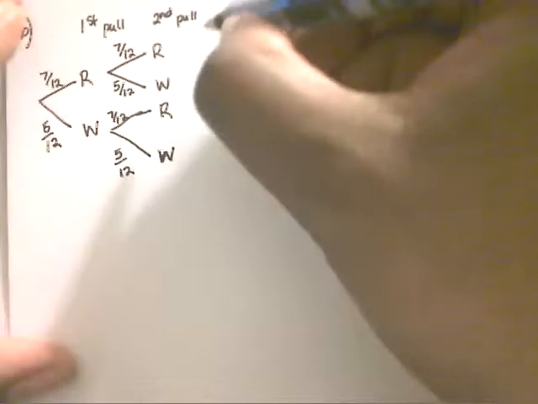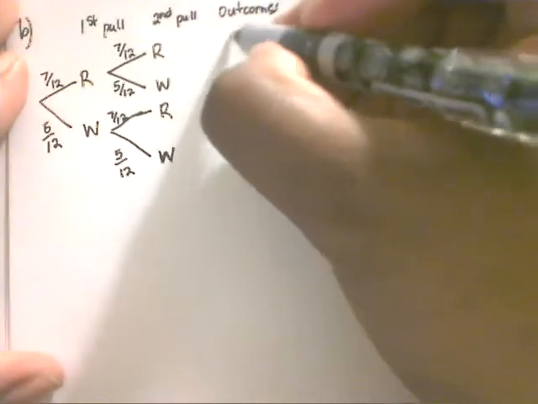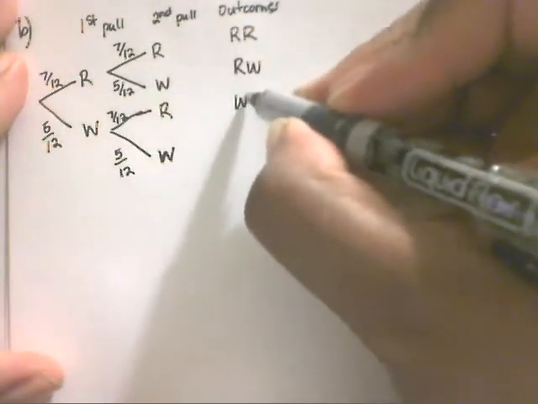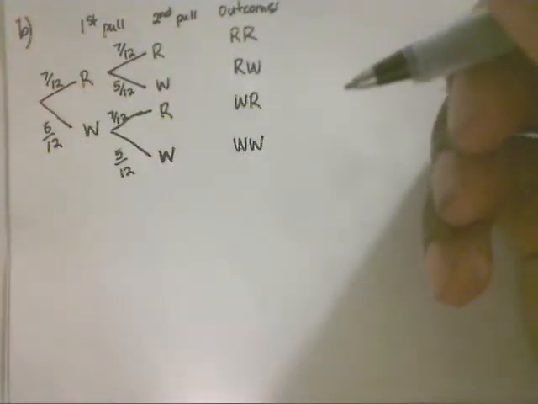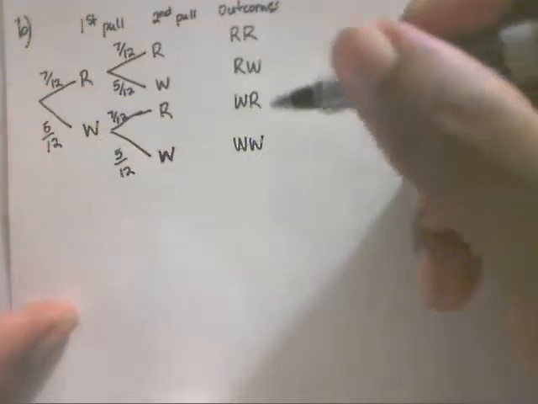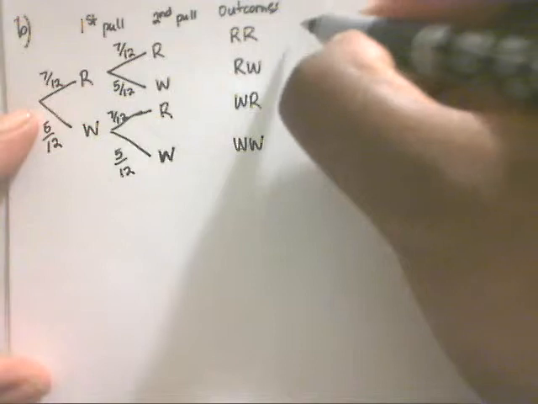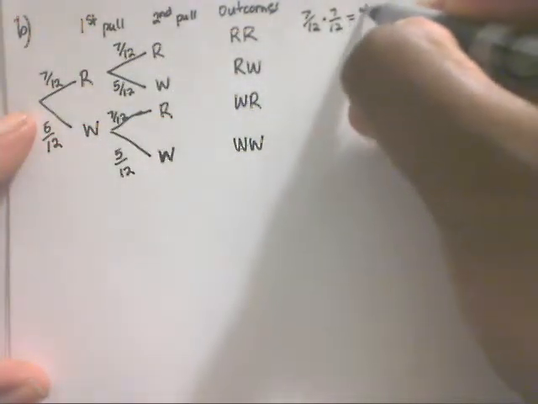Okay, because it's with replacement, after you either pull out a red or a white ball on the first pull, that ball is going back in the box, or back in the container. Your outcomes are still the same. Red and a red, red and white, white and red, white and white. But their probabilities are going to be different. So now, for a red and a red, the probabilities will be 7/12 times 7/12, which is 49 over 144.